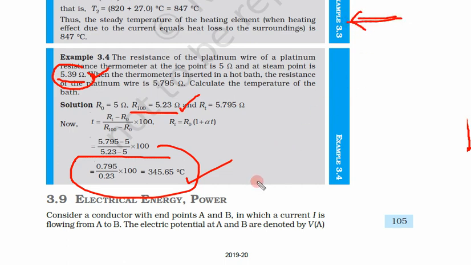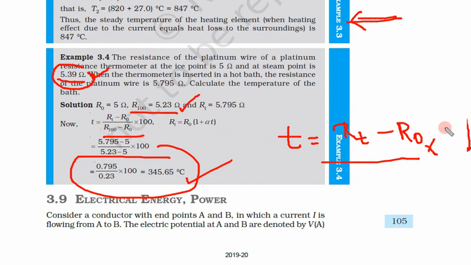What they have done is taken the difference in temperature from 0 degree Celsius divided by this 100 degree Celsius. That means this is another way of calculating alpha, R100 minus R naught. This is also a correct way.